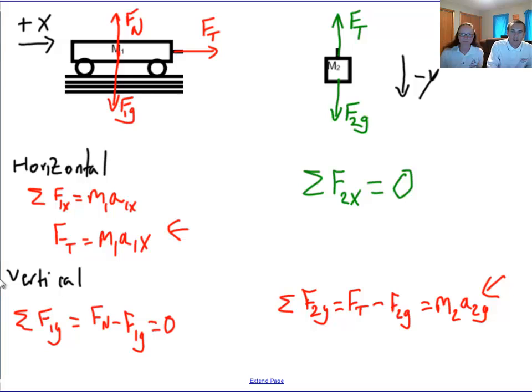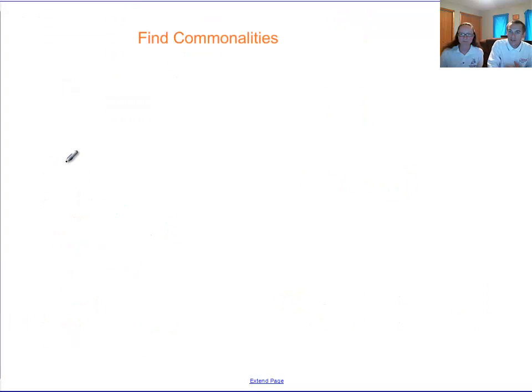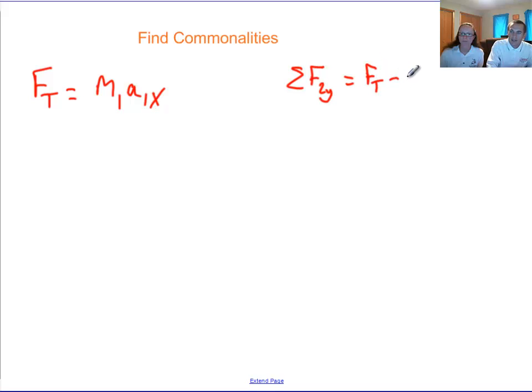Okay, when you have two equations and two unknowns, you're actually in pretty good shape. So we have from before that the tension force is equal to m1 a1x, and we also have that the net force in the y direction on object 2 is equal to Ft minus F2g, which is equal to m2 a2y.